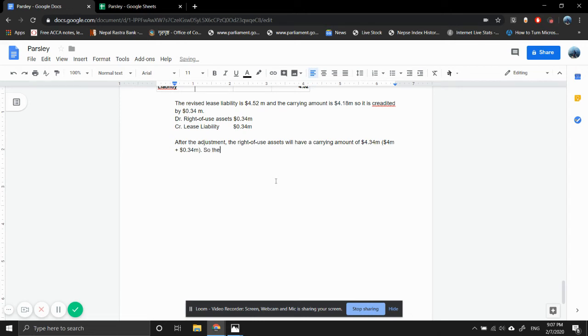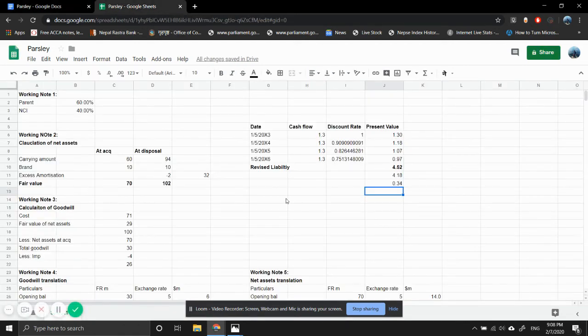So the depreciation needs to be recalculated. How much is the remaining life? 4 years, right?